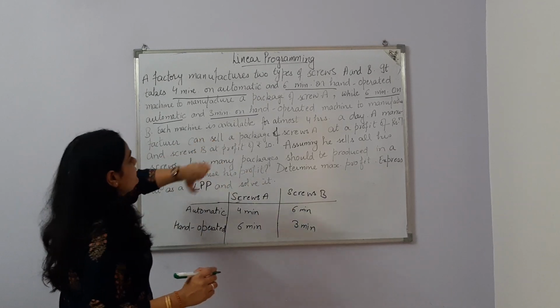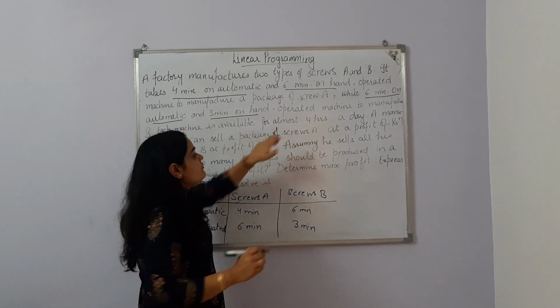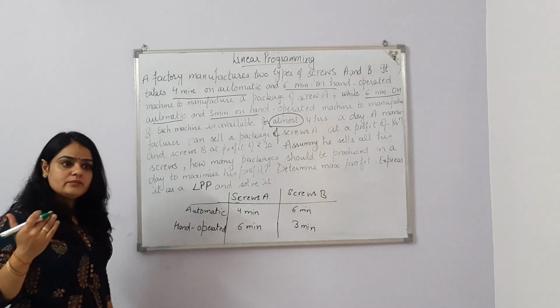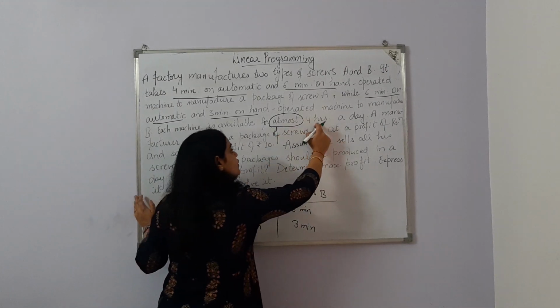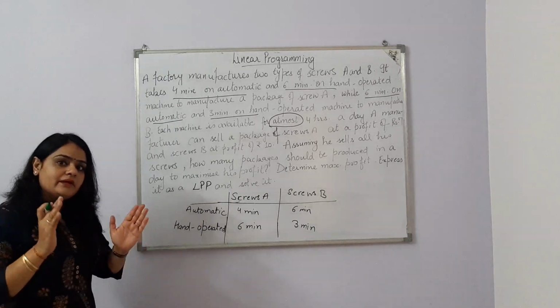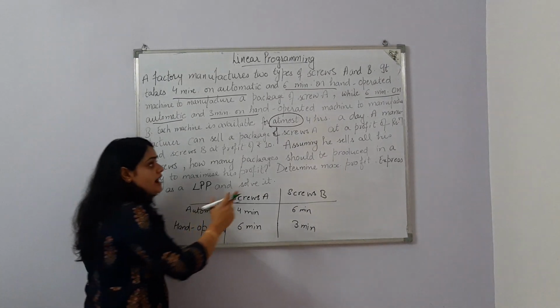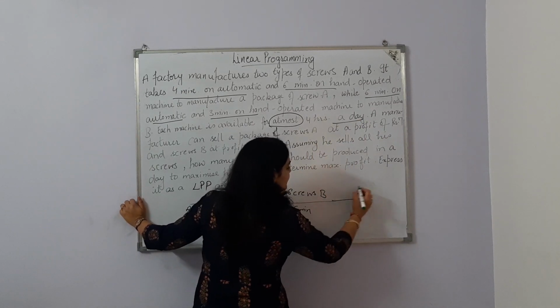Now the next line is: each machine is available for at most 4 hours, meaning maximum time availability is 4 hours in a day.